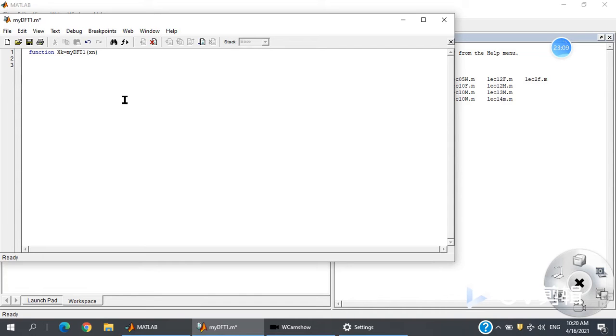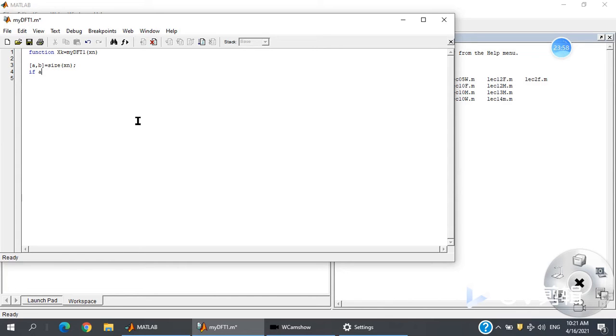So x n will be a vector. I don't know the size, so a and b equal to the size of x n. This is a vector, so one of them should be 1.